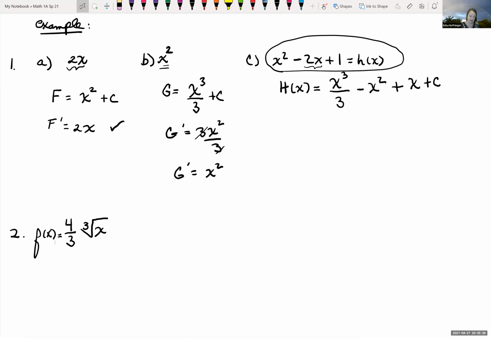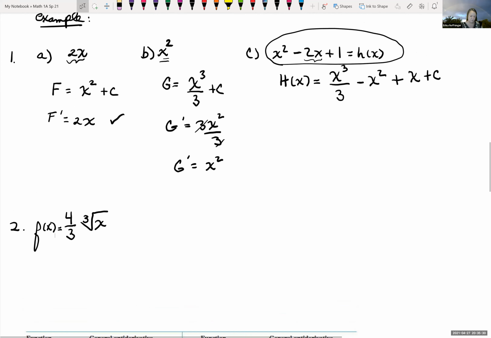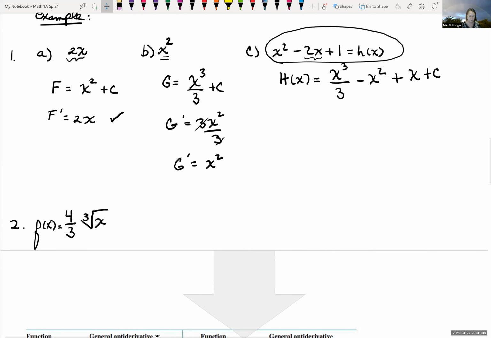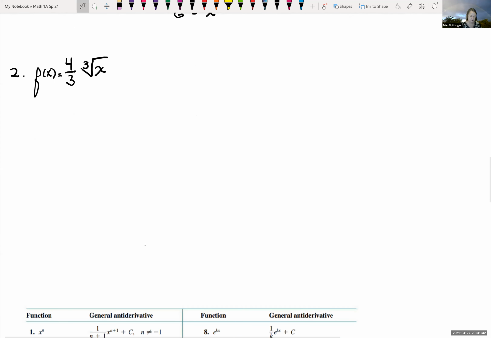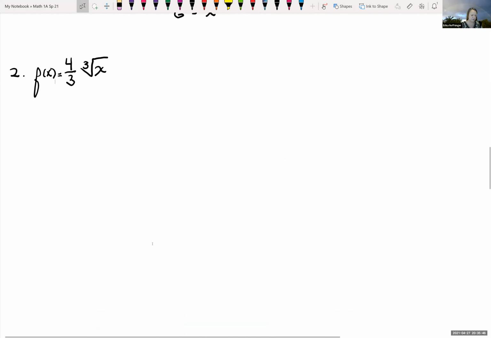Okay, so our next example is little f of x equals 4/3 times the cubed root of x. And so again, we want to find what we can take the derivative of to get that back. Just give myself some more room.